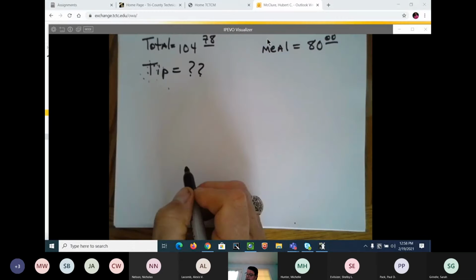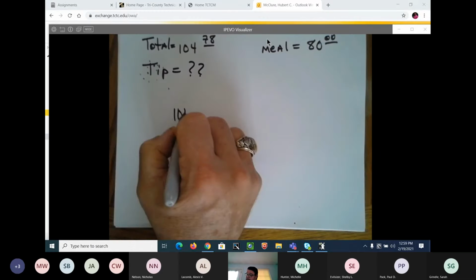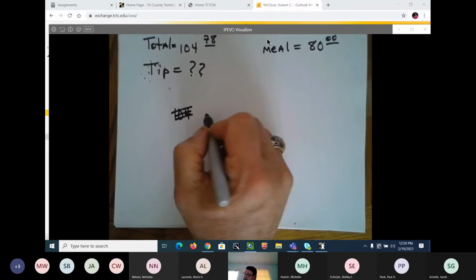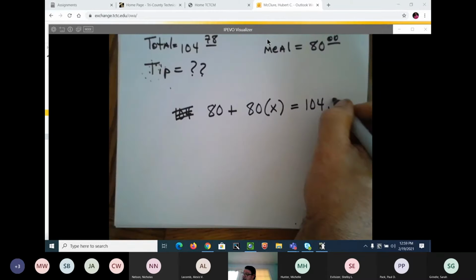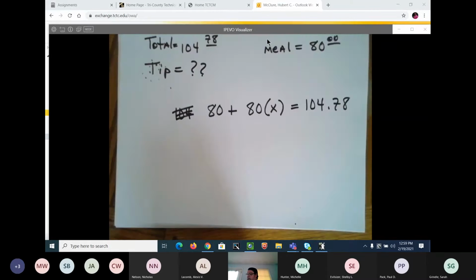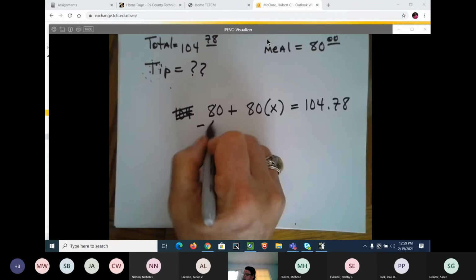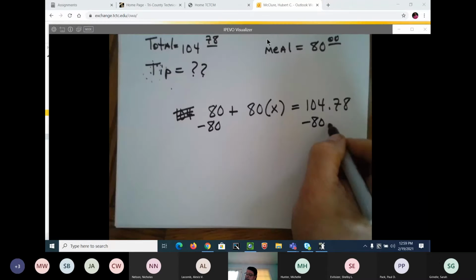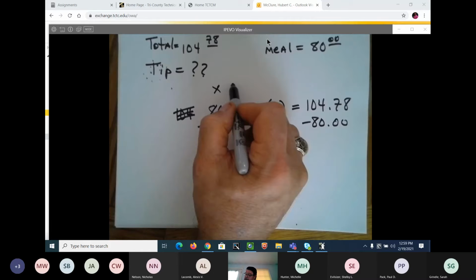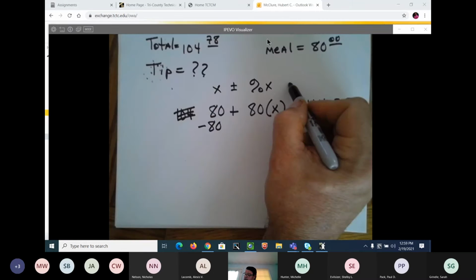Well, 80 plus 80 times X is equal to 104.78. Subtract 80, and this is X plus or minus percentage X is equal to the total.